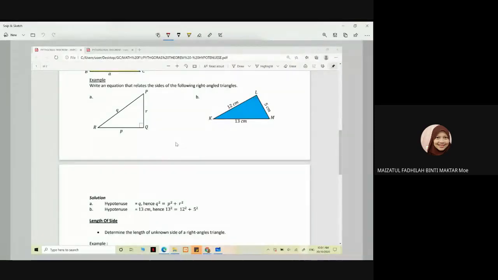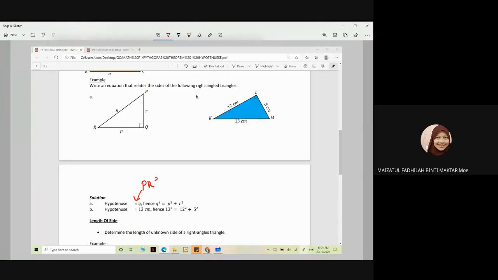Example, you do not want to write down the hypotenuse as Q. Alright, you want to write down the hypotenuse as a side like PR. If you choose the label on the vertices, the equation must also follow the label on the vertices. Sorry, the hypotenuse is PR.